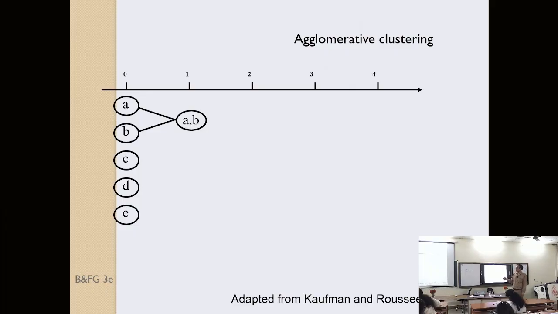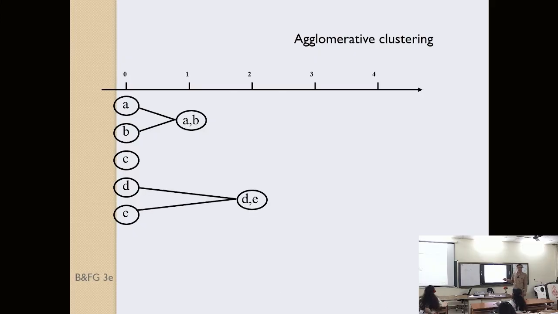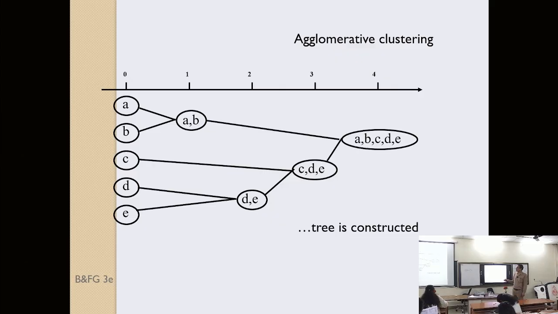For example, A and B are closest to each other, so they are grouped together as AB into one cluster, and then you repeat this recursively, just like UPGMA. Then D and E get grouped, then C groups together with D and E, and then all group together. This is called agglomerative hierarchical clustering.